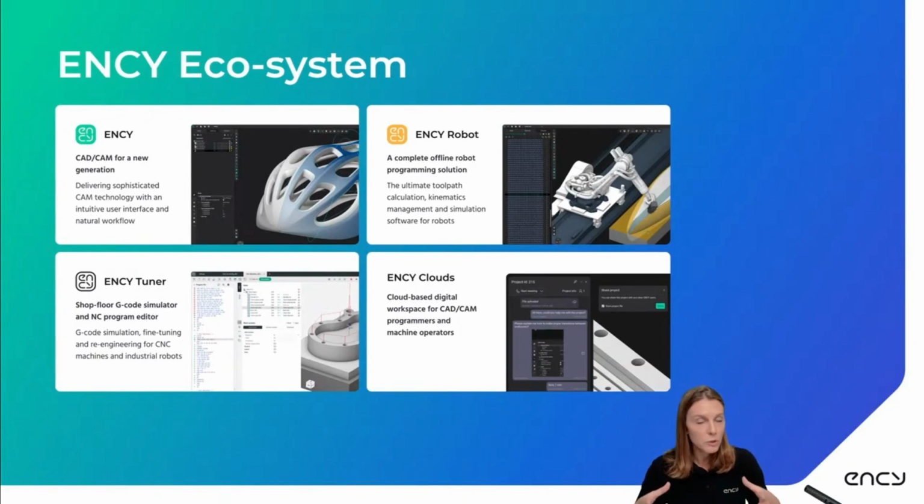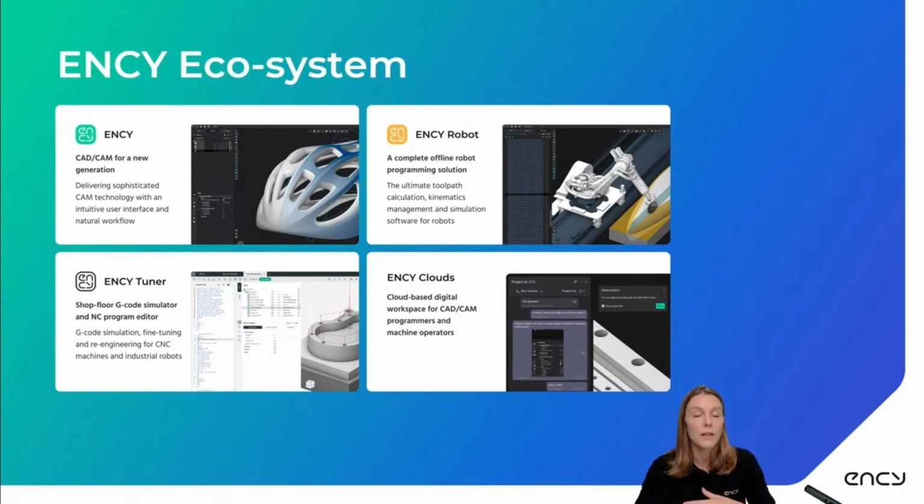Before we go to the real ENCY software and interface, let me introduce our ecosystem of ENCY software solutions. Our main product is the toolpath generation software, which is CAM software called ENCY for CNC programming. We also have ENCY for robot offline programming, which is ENCY Robot.